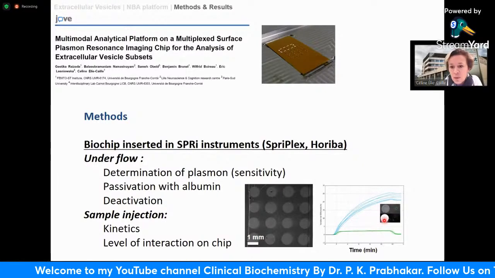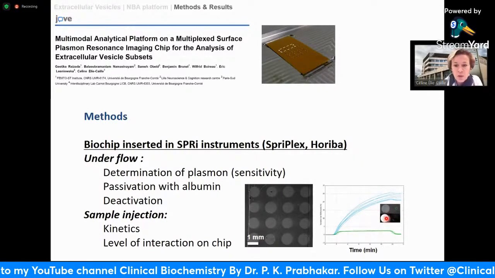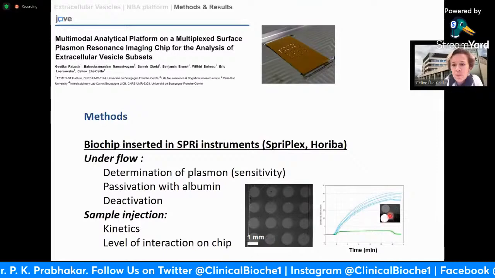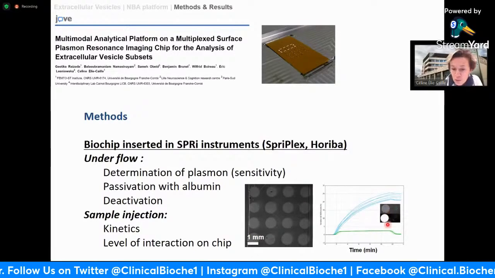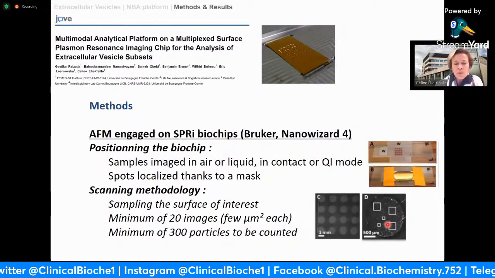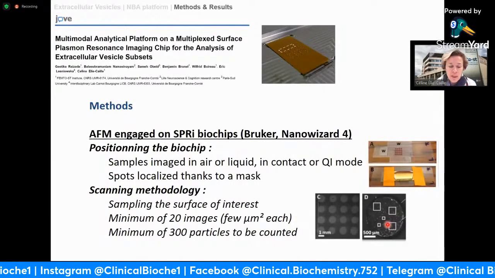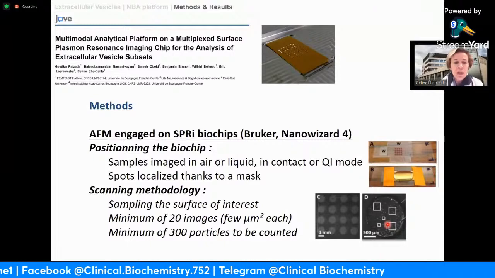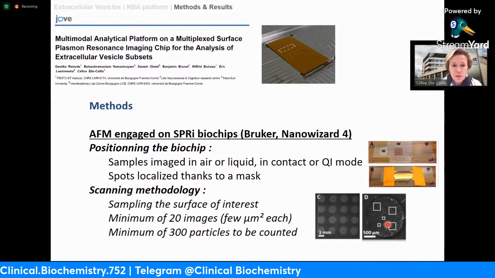So at the end, you also have the visualization of the response of the spots sent to a CCD camera, and you can see that you have a big contrast between the specific and the non-specific spots. When you combine that with AFM, it allows you, as a second step, to go for EV characterization in terms of size and metrology.